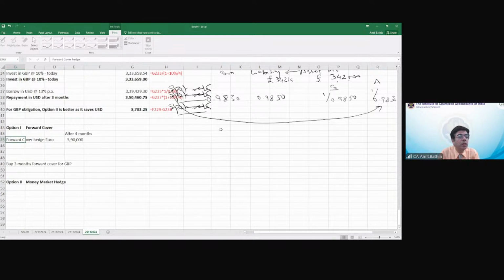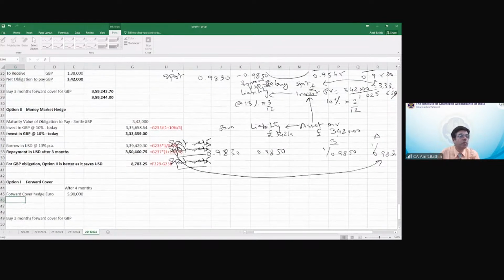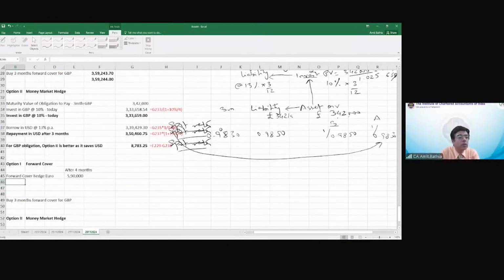So if I'm going to sell this cover, I will receive euro and I will sell the euro.